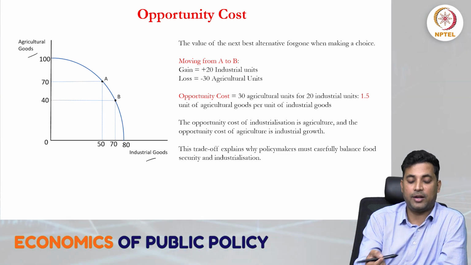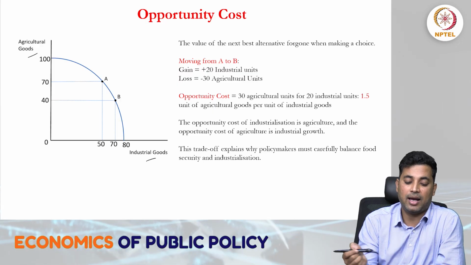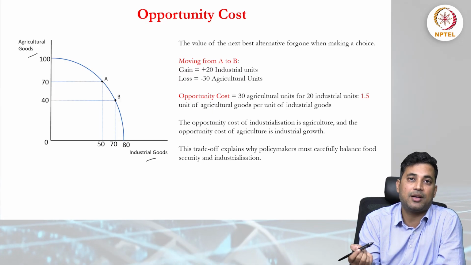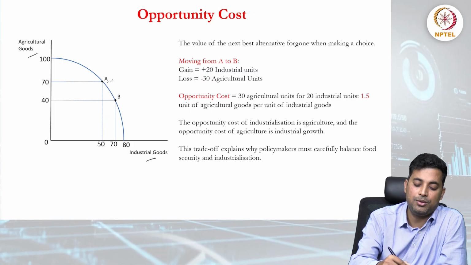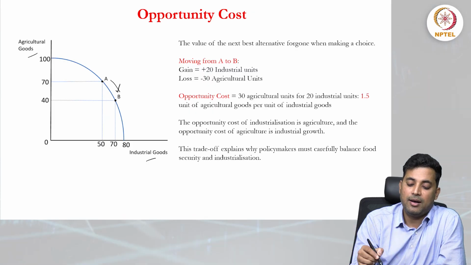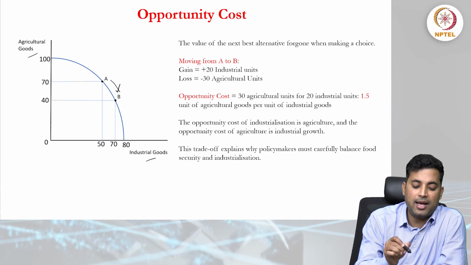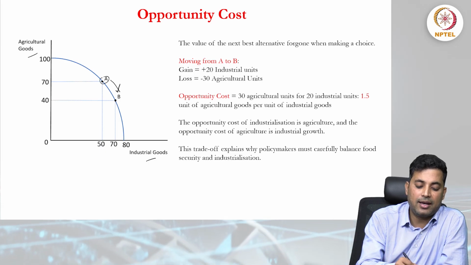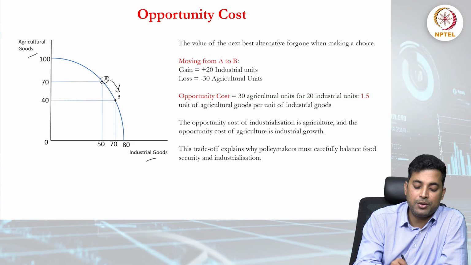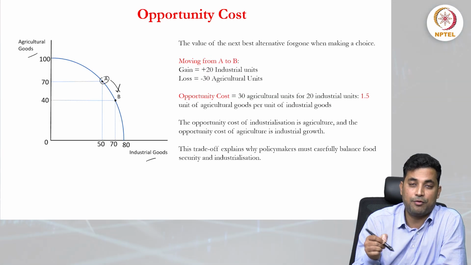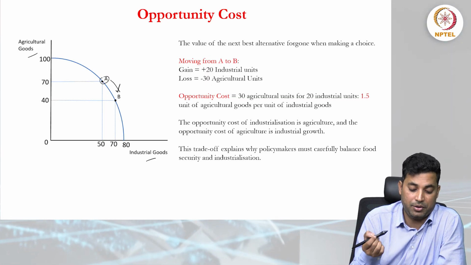So here are the alternatives at every point, and the one case we have taken is the movement from A to B. At point A, if you notice, 70 units of agricultural goods can be produced, and 50 units of industrial goods are produced.